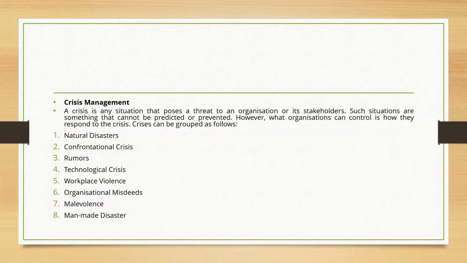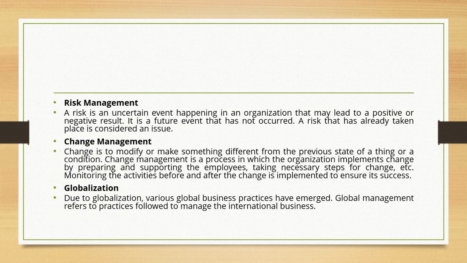Natural disaster, confrontational crisis, rumors, technological crisis, workplace violence, organizational misdeeds, malevolence, man-made disasters. These are the crises which have to be mapped by every manager to make sure to either prevent, predict or control them.